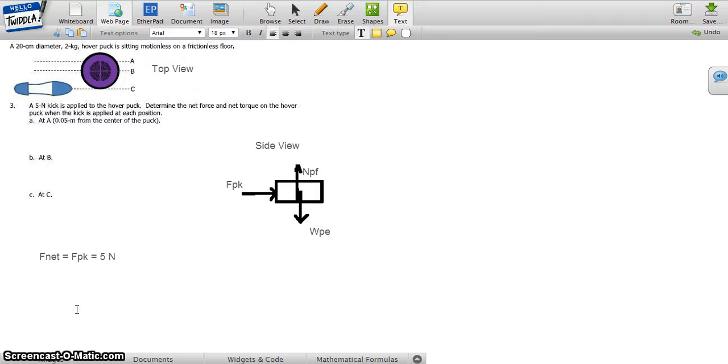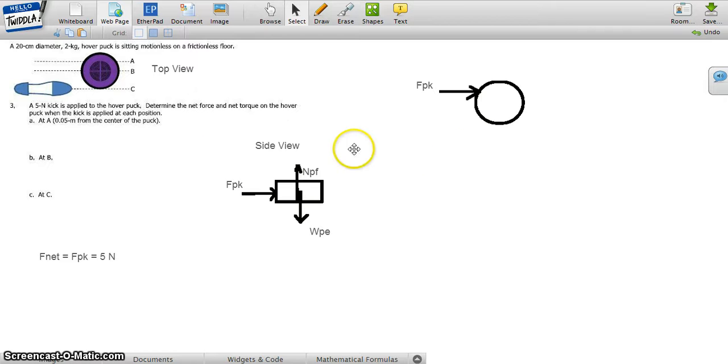Okay, now the torque, in order to figure that out, we have to look at this top view. And for A, we've got a situation like this where it's applied right along kind of this direction here. So that's where the force is being applied for the kick. So again, this is going to be the force on the puck from the kick. There aren't any other forces here as far as causing rotation.